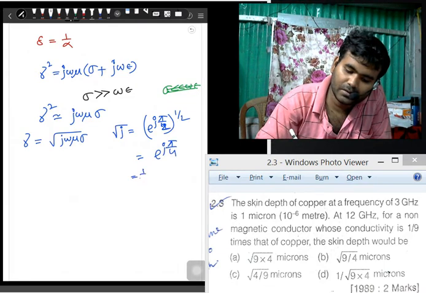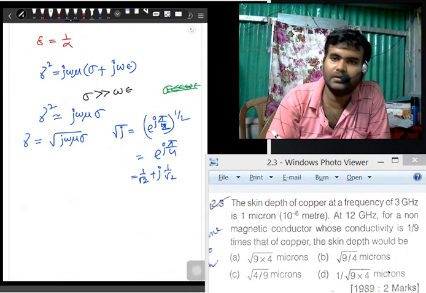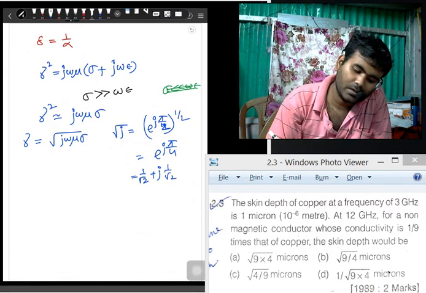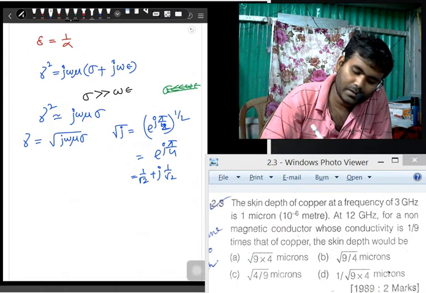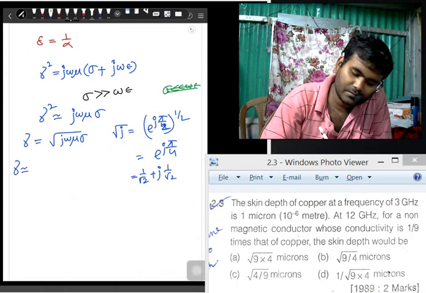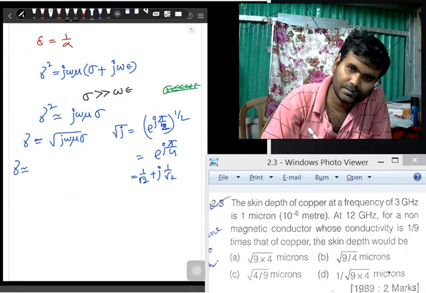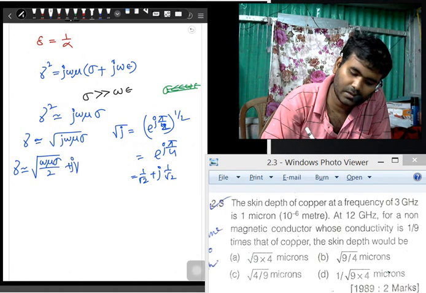So this is basically 1 by root 2 plus j 1 by root 2, meaning cos 45 degree plus j sin 45 degree. So you can write gamma approximately as under root of omega mu sigma by 2 plus j under root of omega mu sigma by 2.